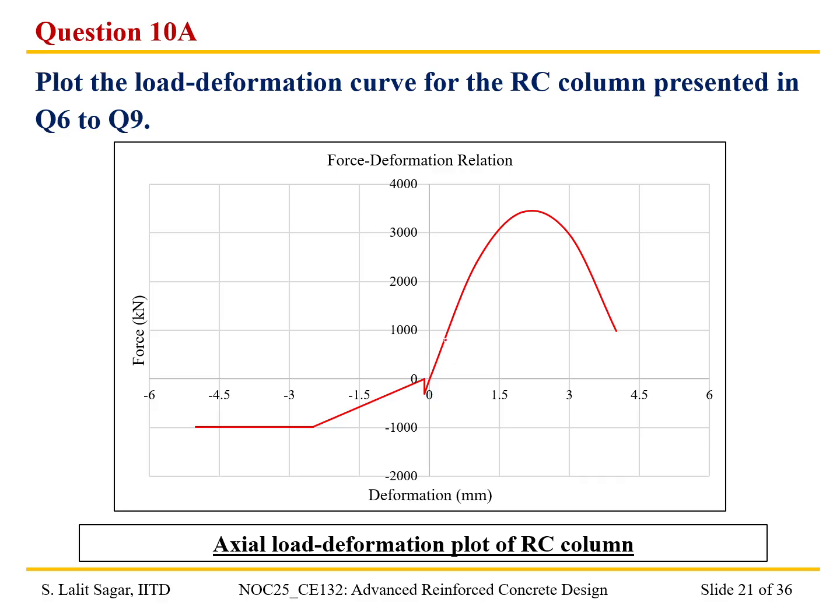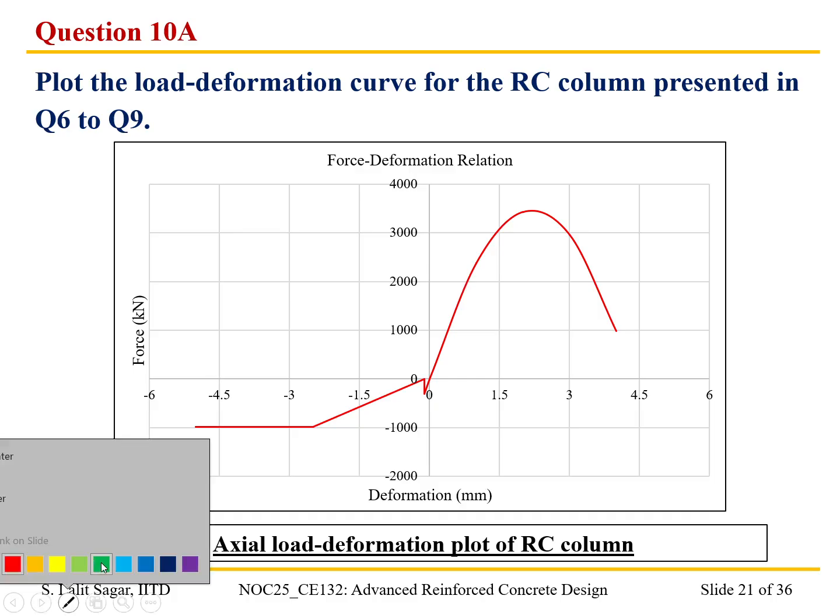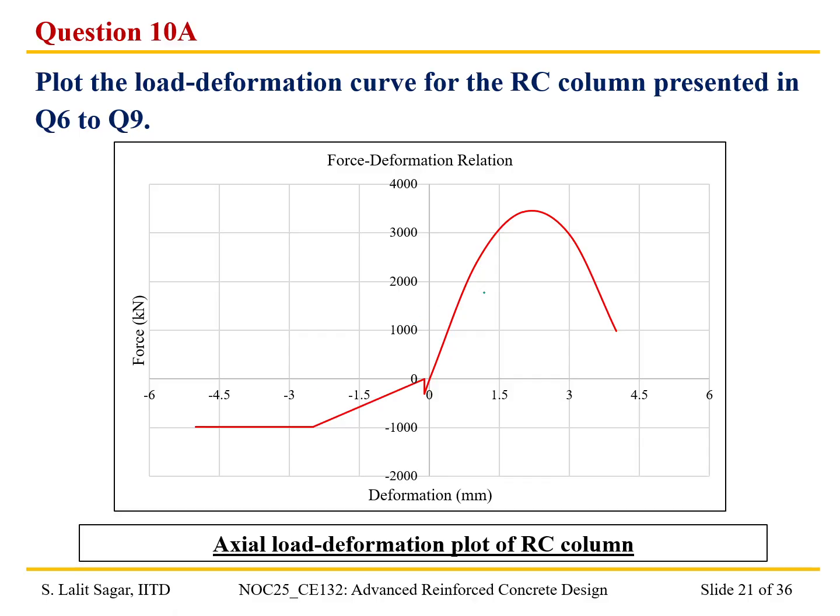Okay, so this is how we started out by determining the value of the force and deformation at, I'll take a different color now, at epsilon c equal to, let us say, somewhere here. Epsilon c is equal to 0.001, right?